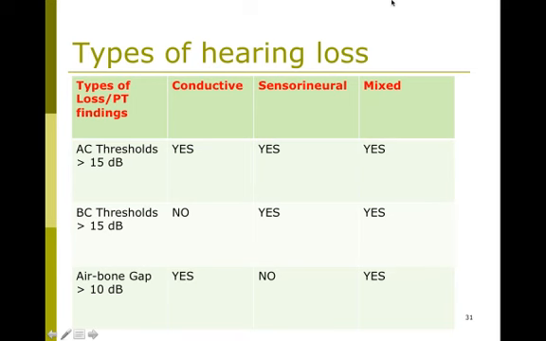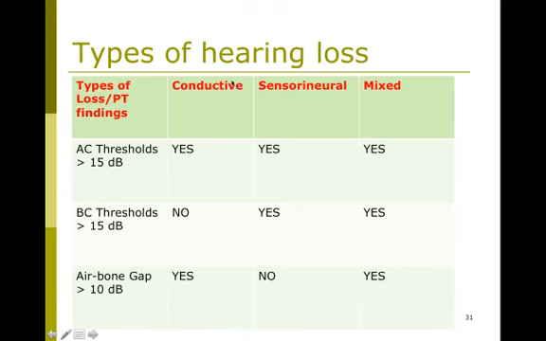While the air conduction thresholds let us quantify the amount of communication difficulties that a hearing loss will have based on the degree of hearing loss, it would not help us determine the type of loss. So we need the bone conduction thresholds to do so.